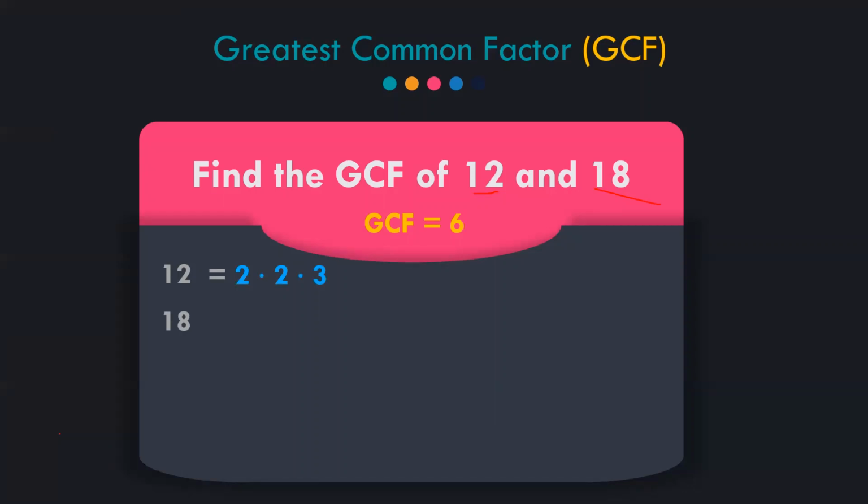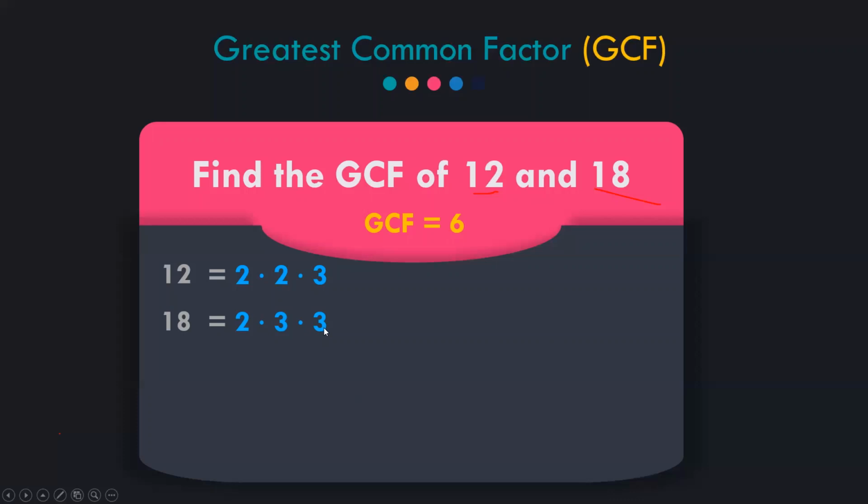And that is 2 times 2 times 3. Because 2 times 2, that is 4, times 3 is 12. For 18, ang prime factorization niya ay 2 times 3, which is 6, times 3.